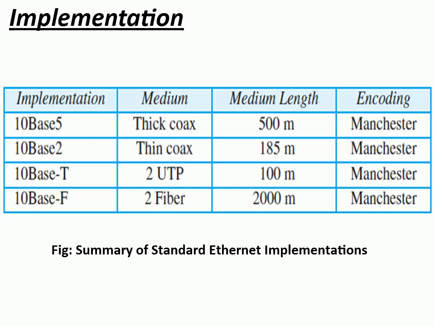Base indicates a baseband signal, or digital signal. Coming to the next one, 5, it indicates the maximum length of cable. For 10Base5 the medium length is 500 meters, which is shown by the 5. And the technique used for encoding is the Manchester technique.